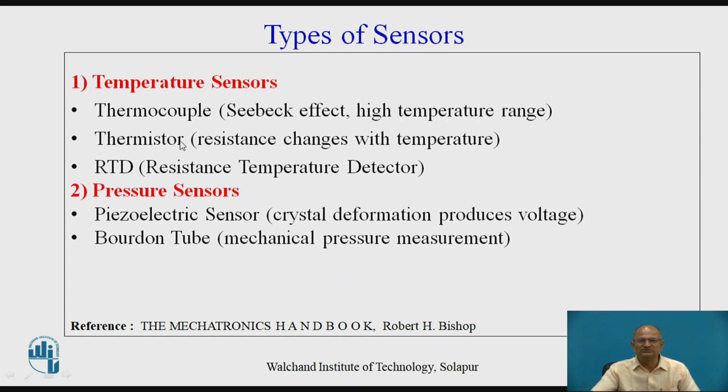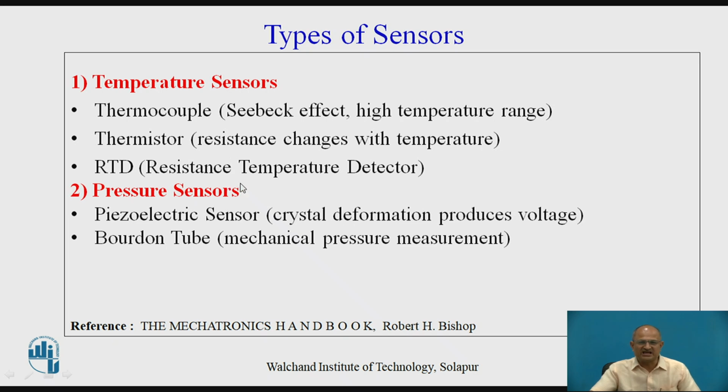If we want to sense the temperature change, then the transducer is termed a temperature sensor. There are temperature sensors like thermocouple, thermistor, and RTD, resistance temperature detector. So these are the temperature sensors shown here.